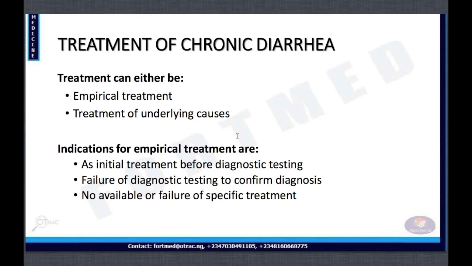The indications for empiric treatment include, as an initial treatment, before you even run a diagnostic test, you want to make sure you do something for the person. Also, when you have run tests and can't find a diagnosis, then you just give empiric treatment. Or if the cause you find does not have a specific treatment.